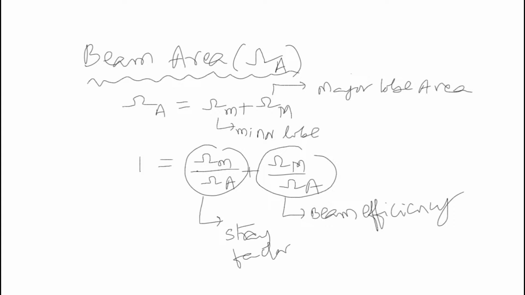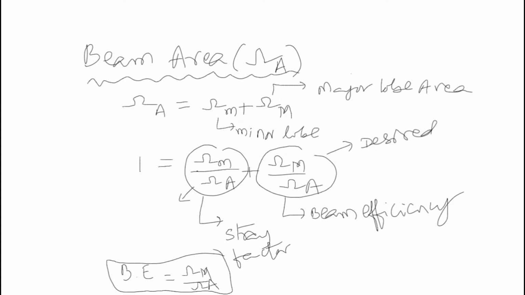It is defined as the ratio of the minor lobe area to the total beam area. This one is the desired one, and this one is the undesired one. That undesired one is known as the stray factor. The beam efficiency definition: I am writing BE, which means beam efficiency. It is defined as the ratio of the major lobe area to the total beam area. So beam area and beam efficiency are over.